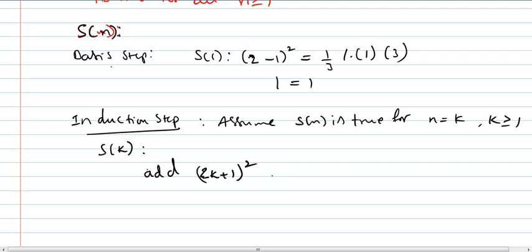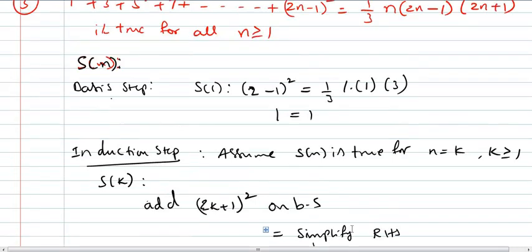After writing S of k, you have to add 2k plus 1 whole square on both sides. After adding, simplify the RHS. If you simplify the RHS, you have to end up with S of k plus 1.